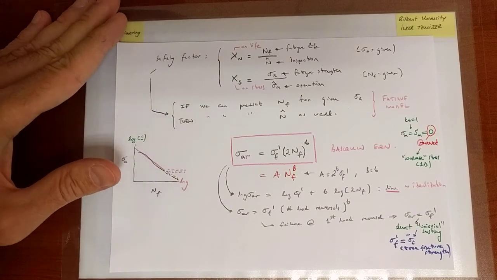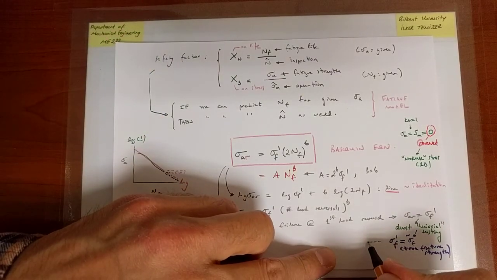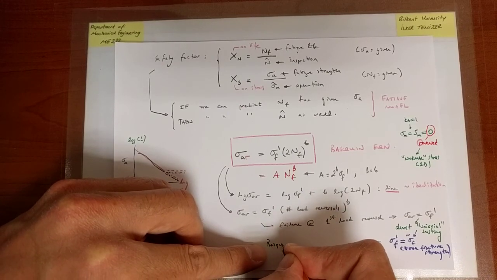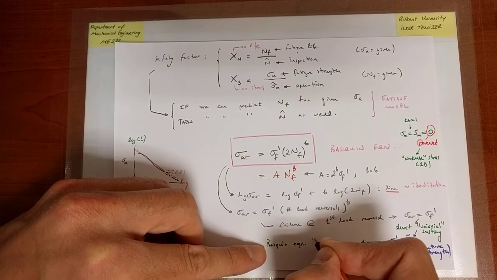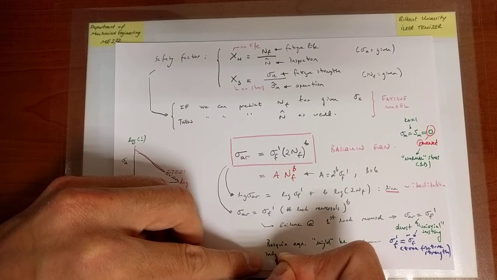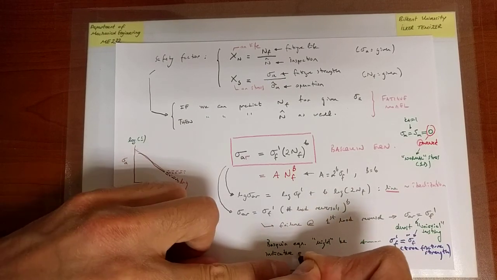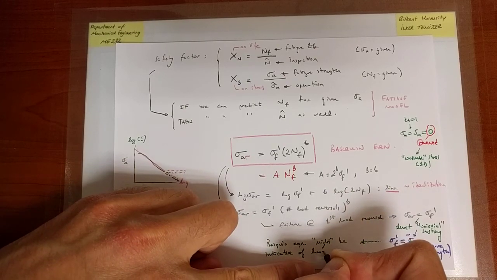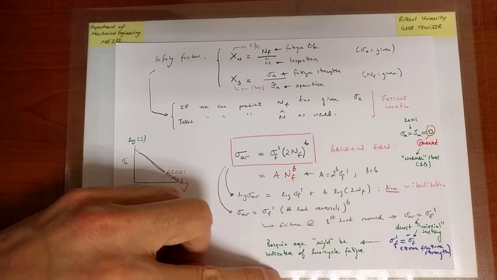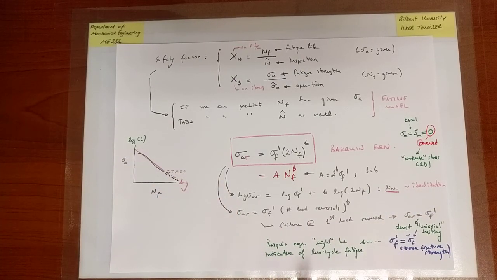So this observation suggests that the Basquin equation might be indicative of low cycle fatigue as well. And it turns out that that is actually not a bad observation at all.